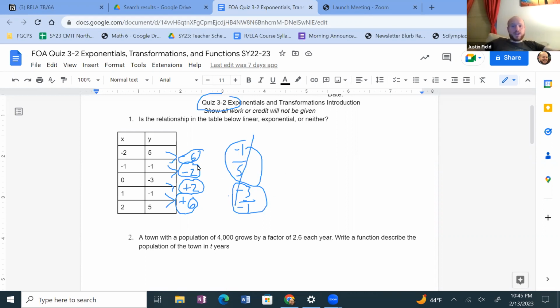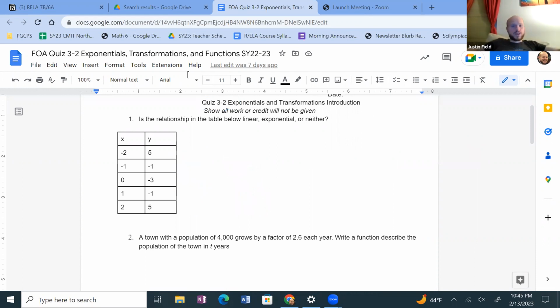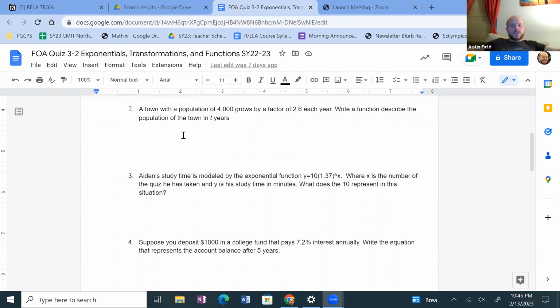So it's not exponential, it's not linear. The answer was neither. And if you look at the directions, that was a choice. So some people did pick that. Good job.